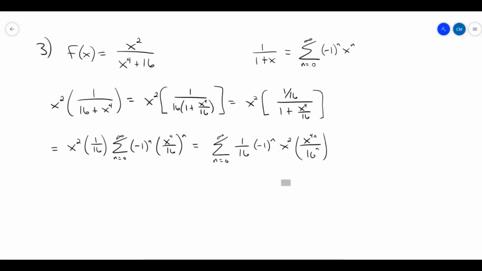So then what we can do there is write this as -1 to the n, x to the power of 4n plus 2 in the numerator, and in the denominator we have a 16 here and a 16 to the n there. Those can be combined and called 16 to the n plus 1. Okay, so there it is.